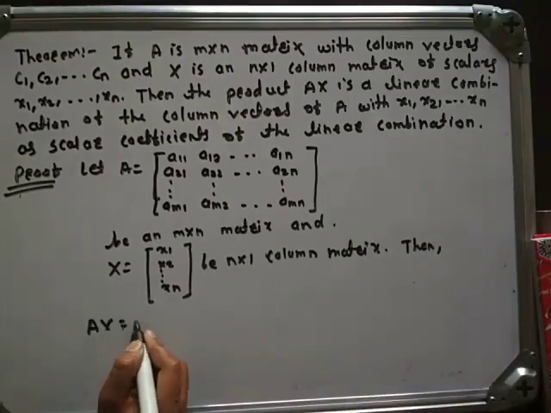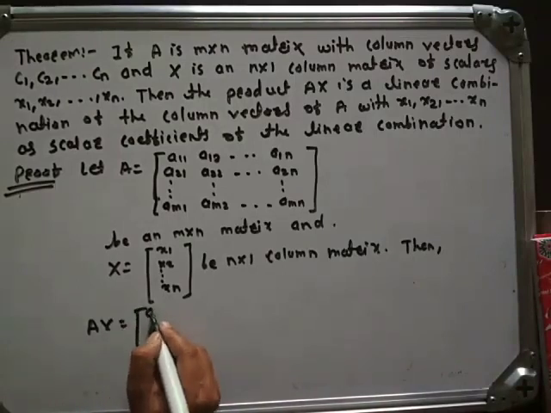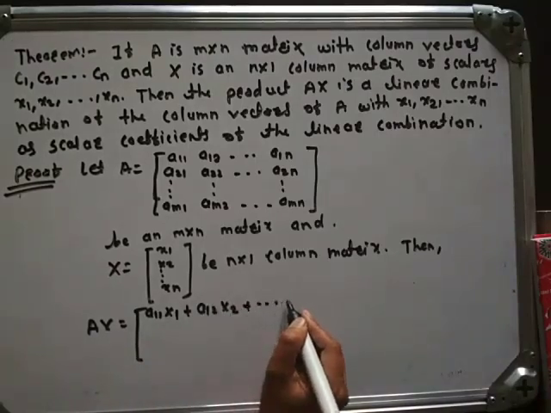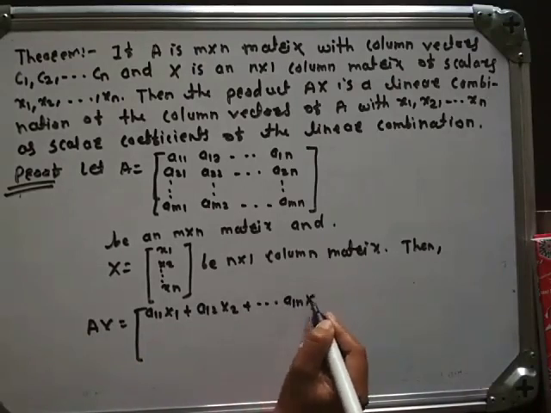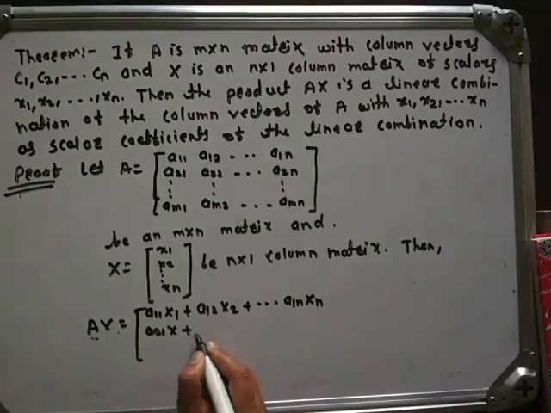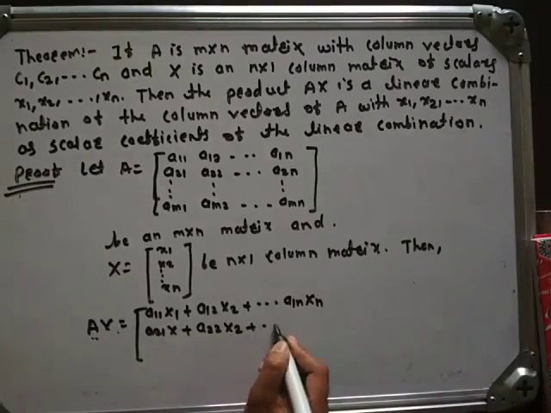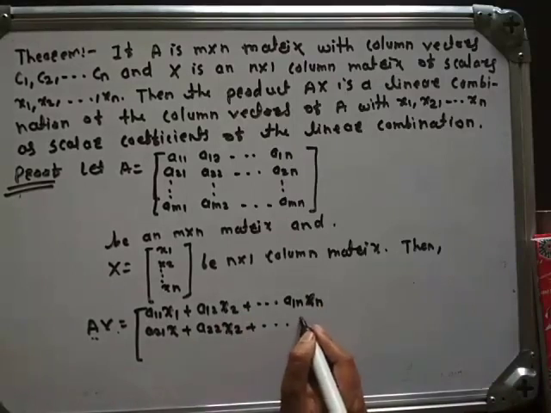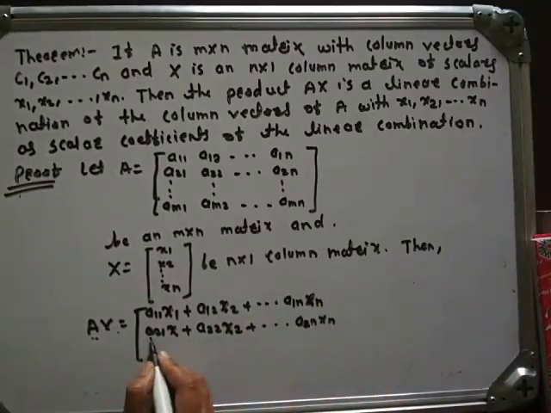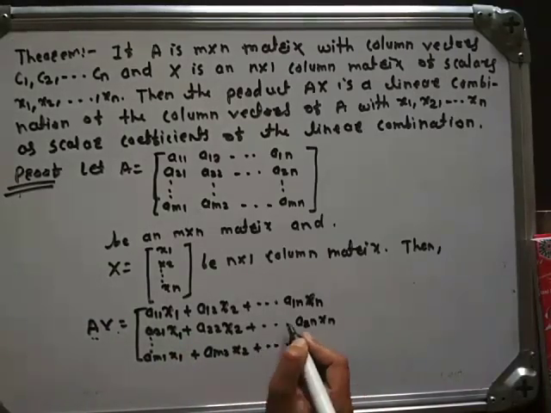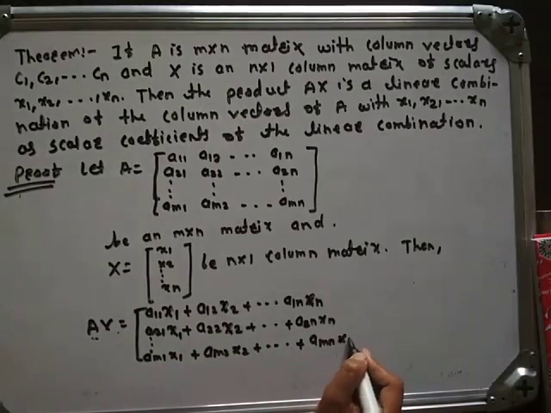A into X is equal to the matrix with entries A11 x1 plus A12 x2 plus and so on plus A1n xn, then A21 x1 plus A22 x2 plus and so on up to A2n xn, and so on up to Am1 x1 plus Am2 x2 plus and so on up to Amn xn.